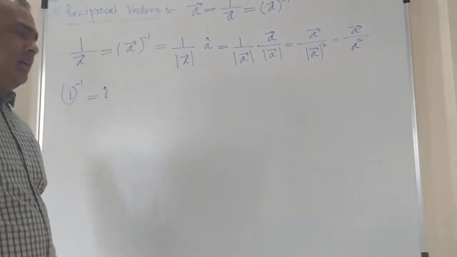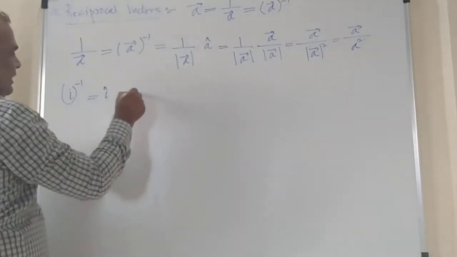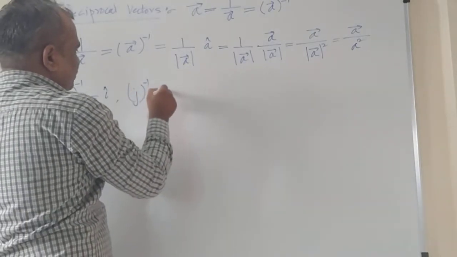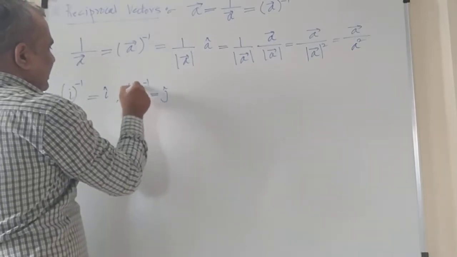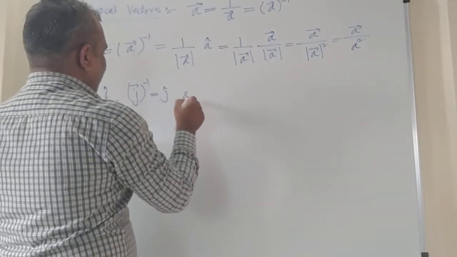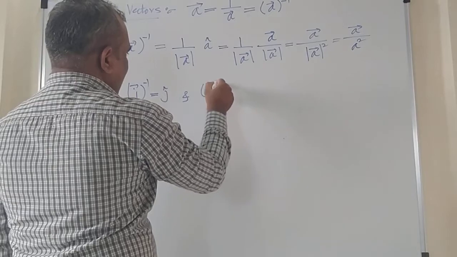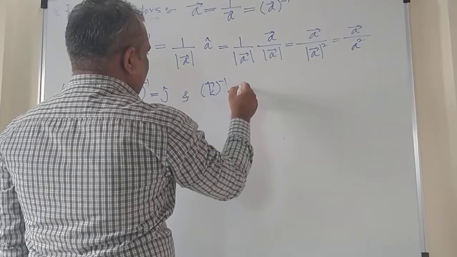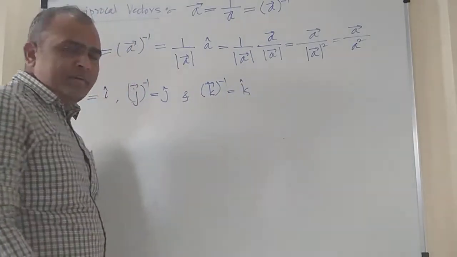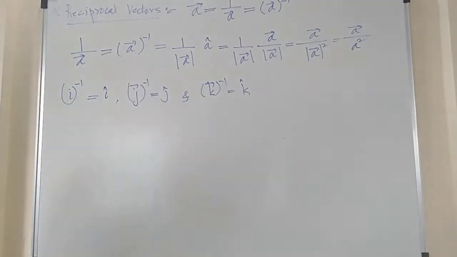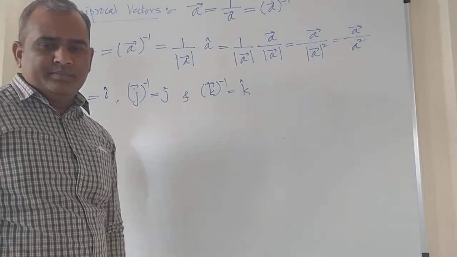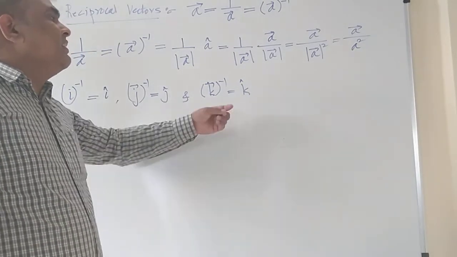Similarly, you will get the same thing for the reciprocal vector of j cap, which is equal to j cap, and the reciprocal vector of k bar is equal to k cap. What does this indicate? This indicates that the reciprocal vectors of the unit vectors are the vectors themselves. Got it? Or I can say it is self-reciprocal.